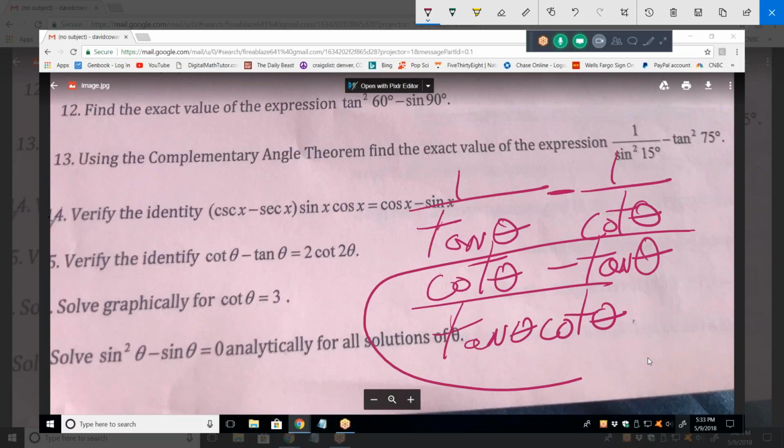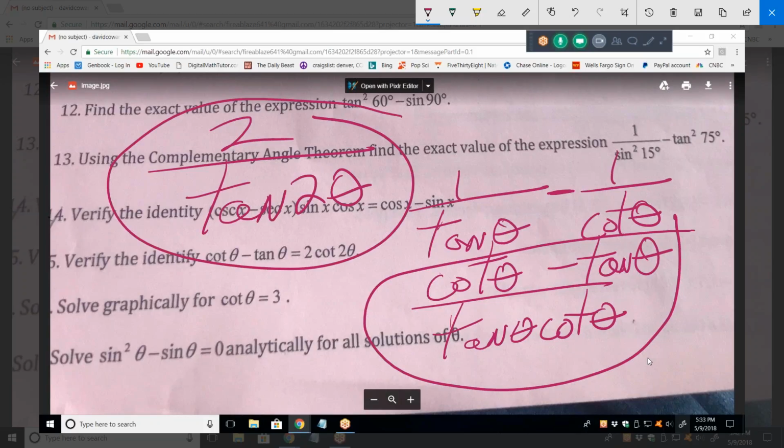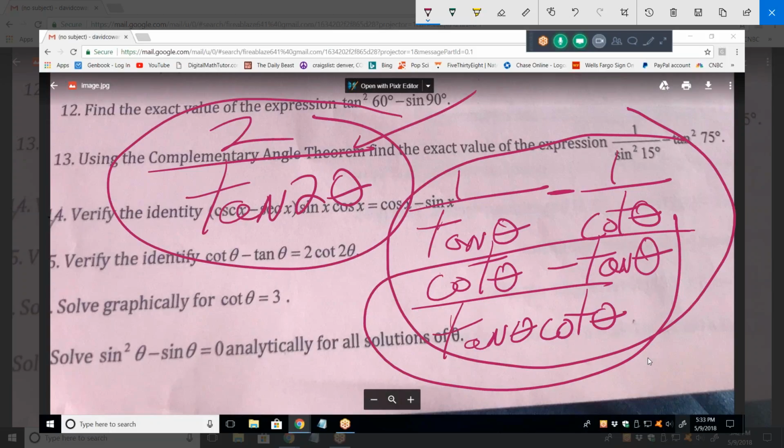So we could do it this way. That doesn't seem to help much. Two over cotangent 2 theta is the same as 2 over tangent of 2 theta. So that's what we're trying to prove. How do we get from this to this?